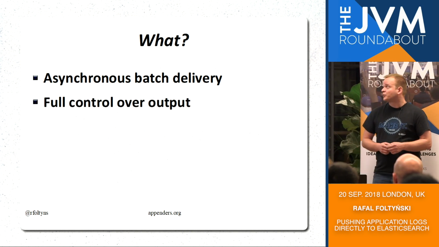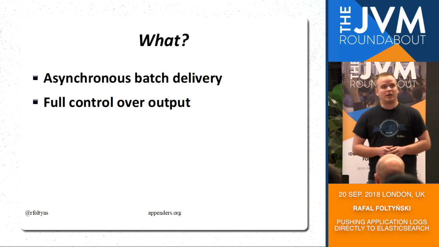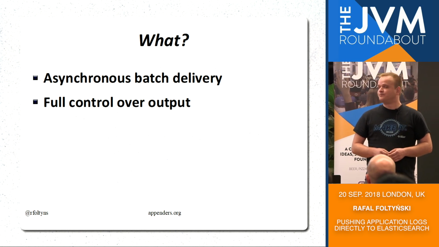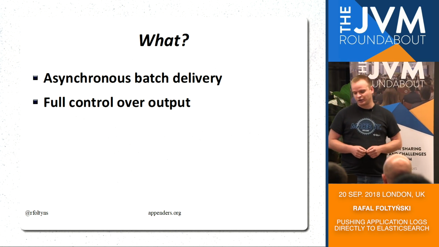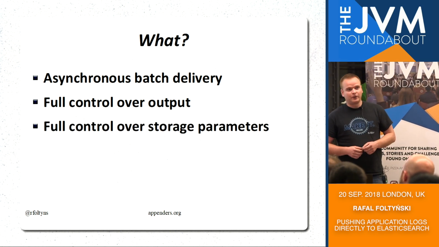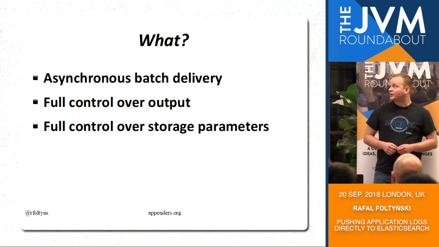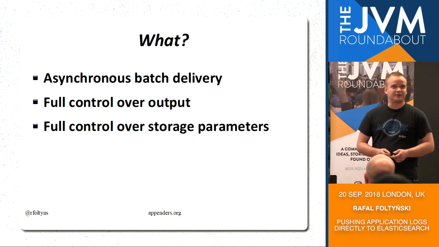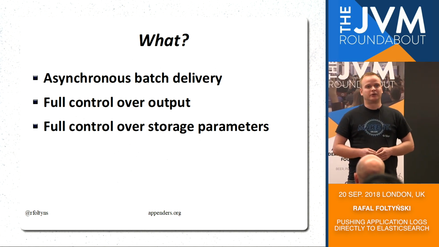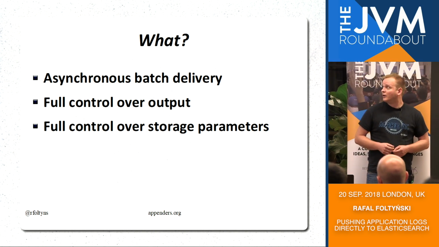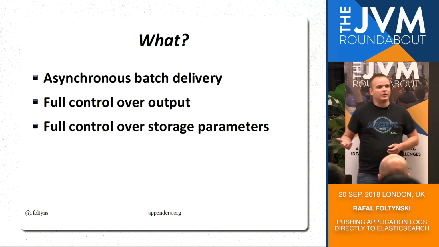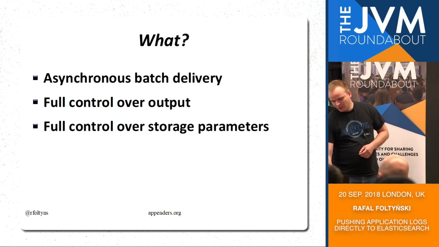It gives you full control over your output format, the way your output actually looks. It gives you full control over the storage parameters, starting from the number of replicas and number of shards your data will be stored with. You can configure it per index in Elasticsearch.